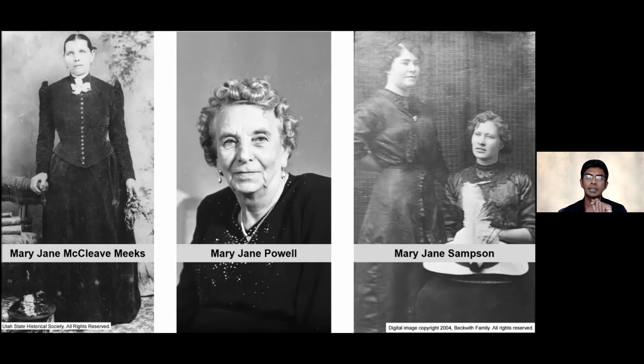The caption here is the descriptive metadata that is associated with each of those images. Since all of these images are from a local collection, we know the individuals who appear in the photographs. So that's how they describe the images. We have Mary Jane McLeod Meeks, Mary Jane Powell, Mary Jane Sampson. So they are described by their names.